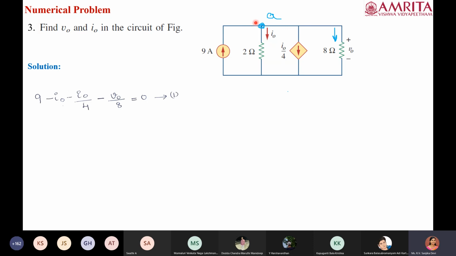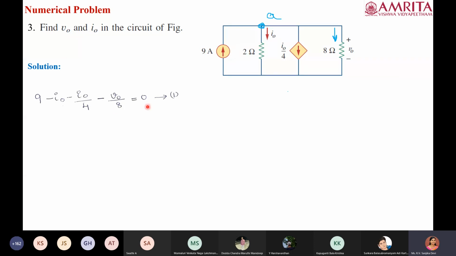This is the convention I am following. You can also take the other convention, whichever is convenient, but the final concept should remain the same. Either equate the entering current to the leaving current, or take entering as positive and leaving as negative and sum them together, which will be equal to 0.